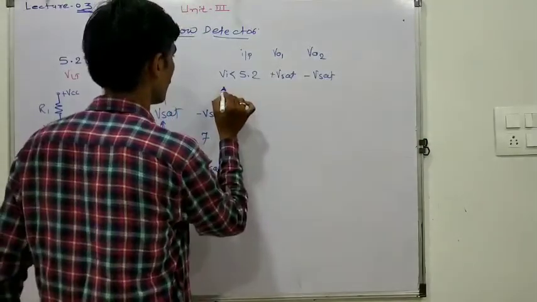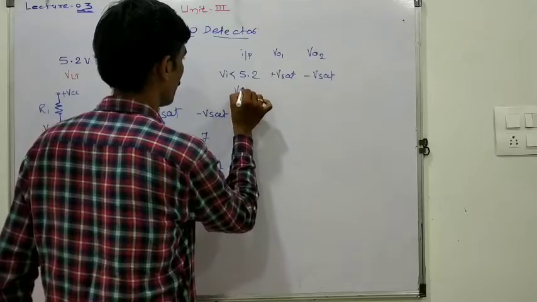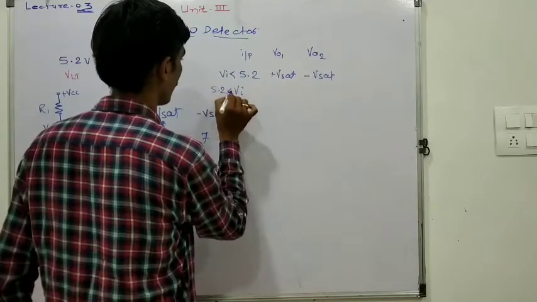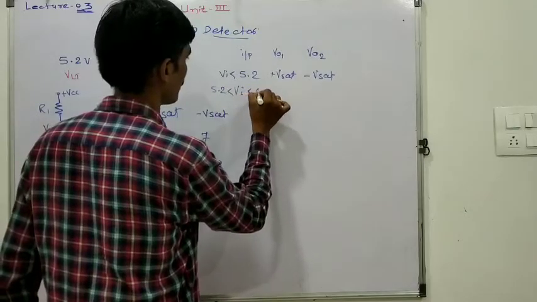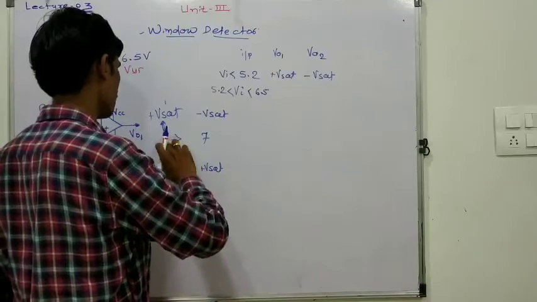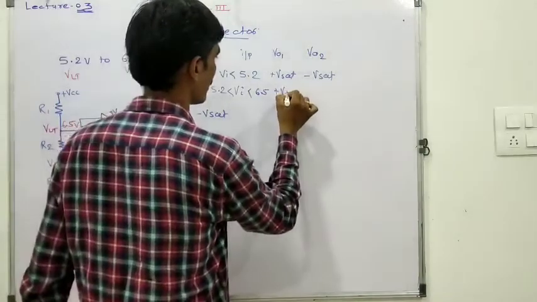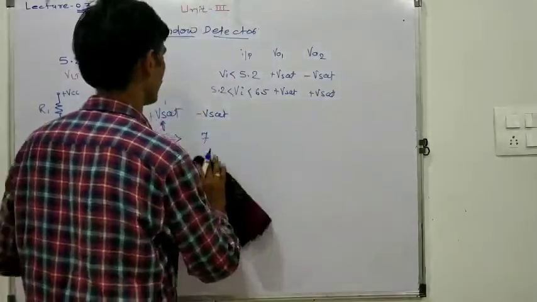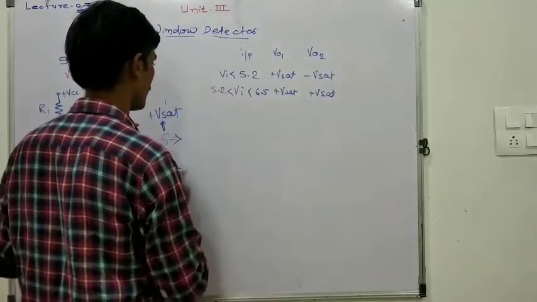If Vi is greater than 5.2 but less than 6.5, so if it is in between this range, we are getting plus Vsat here, here also plus Vsat. Again, minus Vsat. Okay.